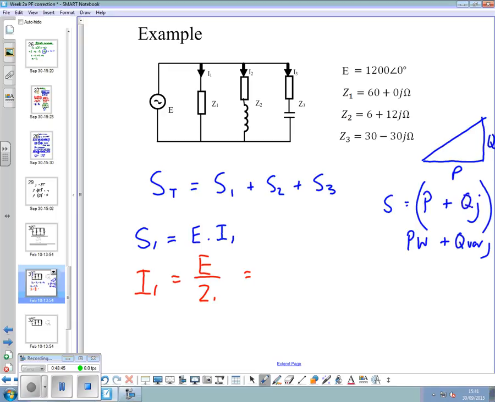We've got to do it in complex form: 1200 angle 0 degrees, and we're going to divide that by 60 angle 0 degrees. 1200 over 60 is 20 amps, and the angle is nothing.